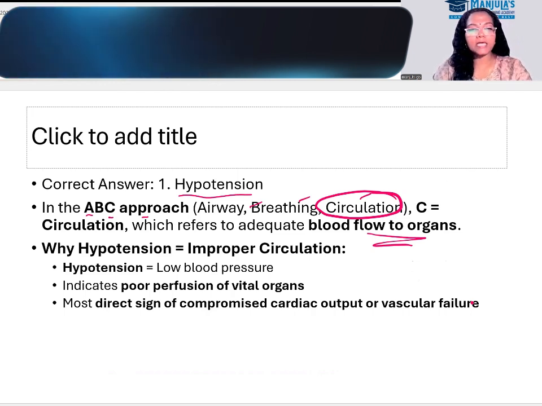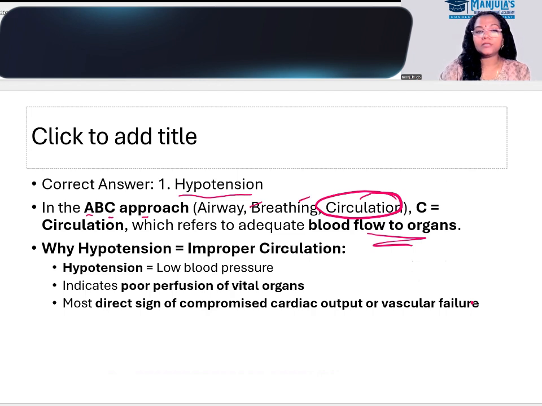Now, the answer is hypotension. Why? Because hypotension will lead to improper circulation. Hypotension means the BP is low. Because of the low BP, the circulation to vital organs also is reduced. And this is one of the most direct signs of compromised cardiac output or vascular failure.